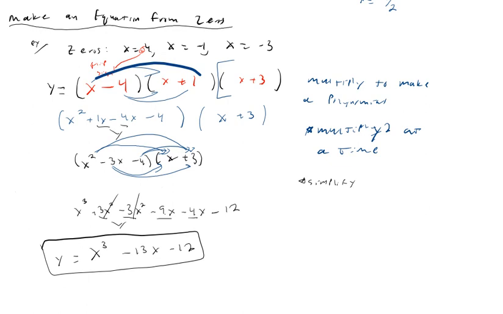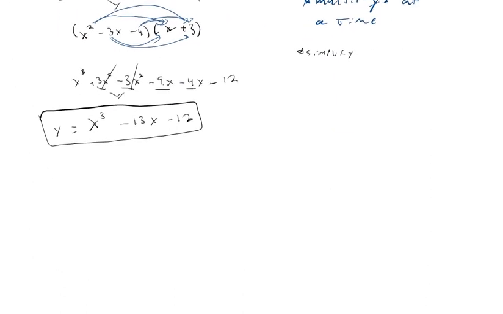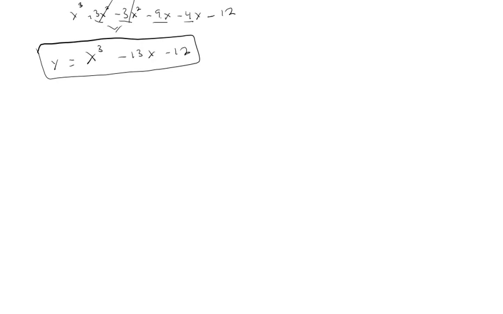So let's do one more. Find an equation. For example, find an equation if my zeros are 1 and 2i.